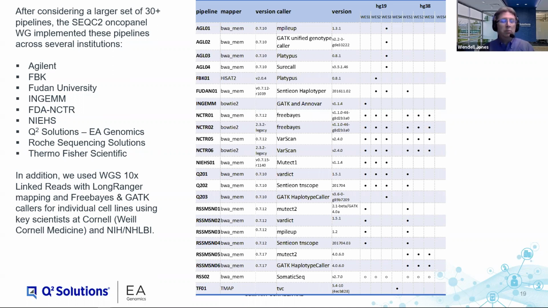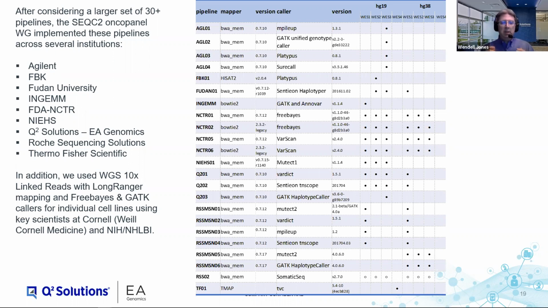Really what we did was we wanted each institution to use a pipeline with which they were very familiar and had reasonable to high confidence in. We thought that was important because there are still a lot of parameters that can be tweaked with these different pipelines. We wanted individuals who are running them to have confidence to be able to justify and defend the results they were getting, to make sure they were of good quality.